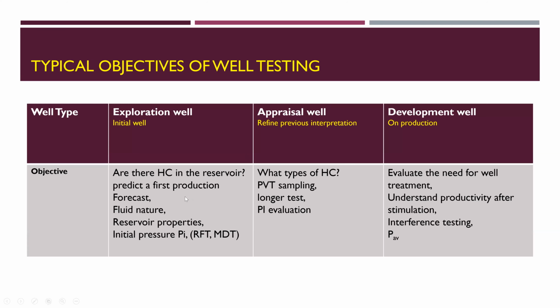We also need to be aware of the prediction of the first production and the future forecast, the nature of the fluid that we are going to produce, information about reservoir properties, and finally, the major one, the initial reservoir pressure.